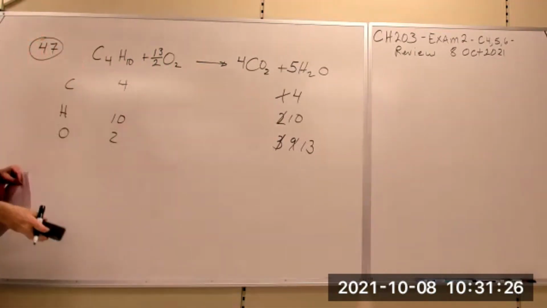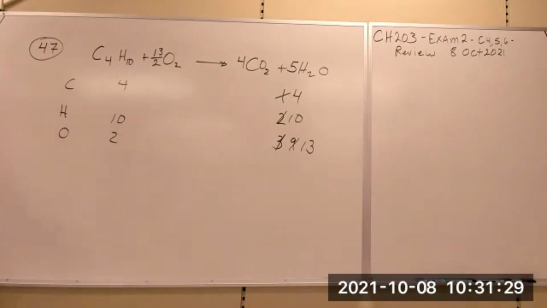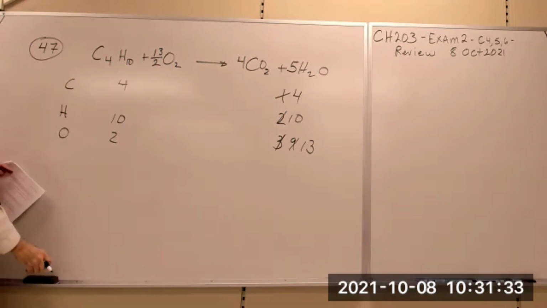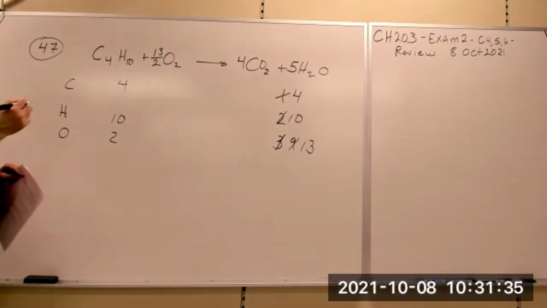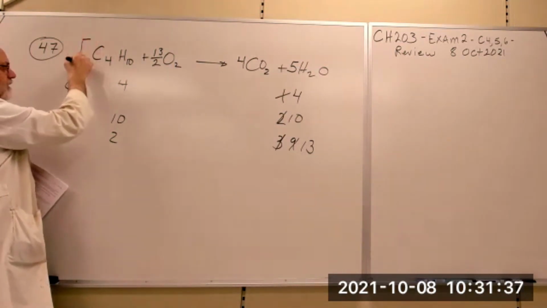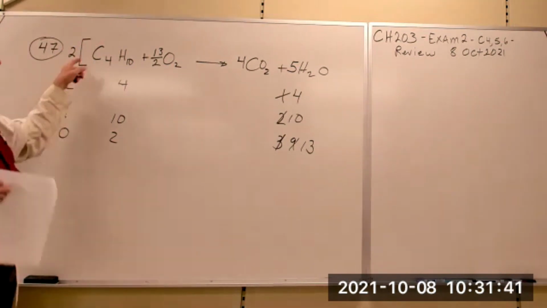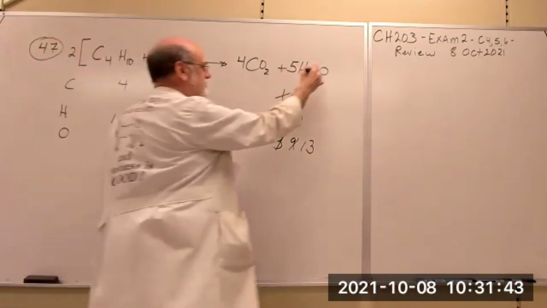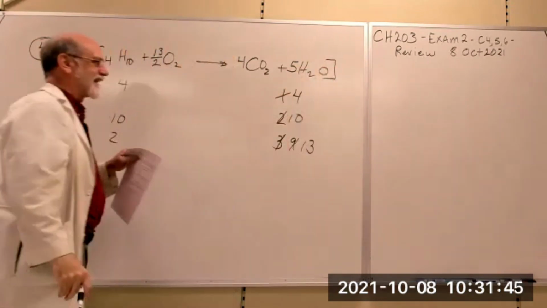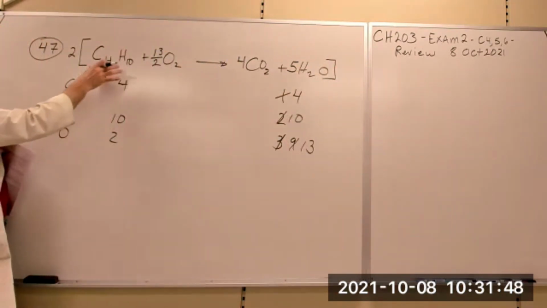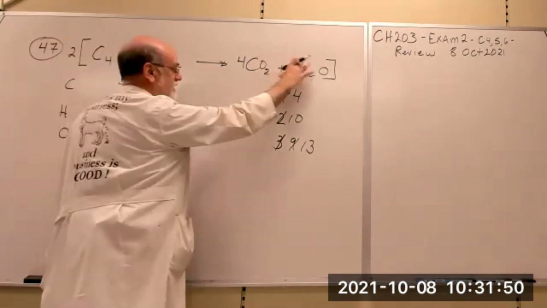But we need to go to the nearest whole numbers. Right? So we need to get rid of the fraction. How do we get rid of the fraction? Multiply by 2. That'll cancel the fraction. Okay. Once you've got this, it is balanced just like it is.